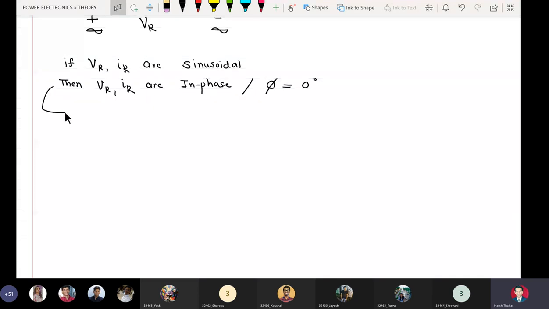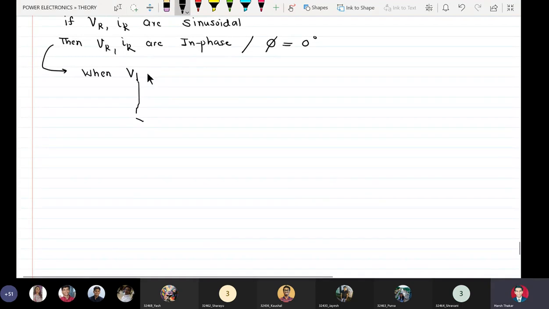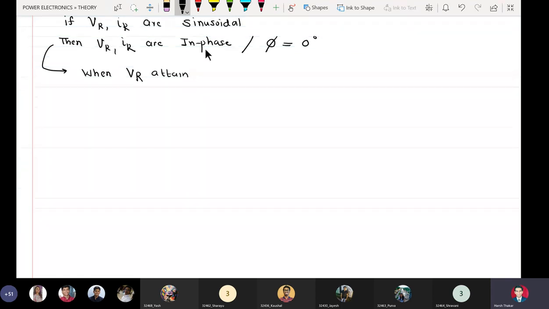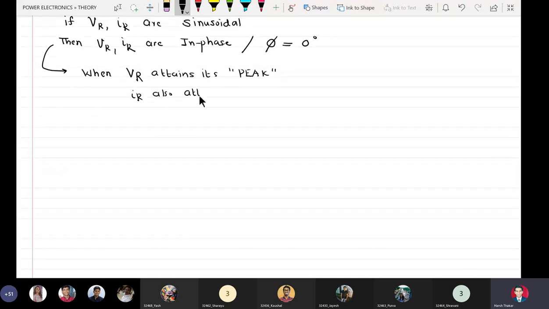And when I say that VR, IR are in phase, that means when VR attains its peak, IR also attains its peak.